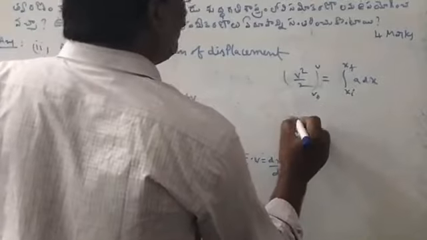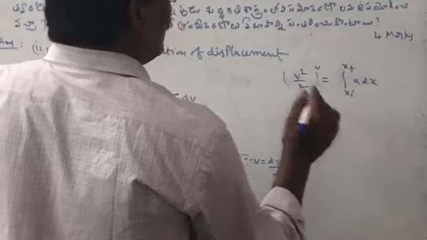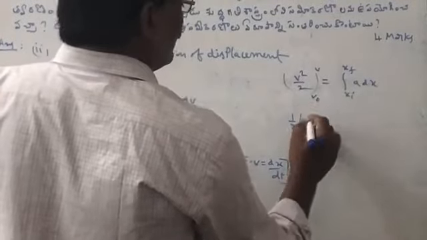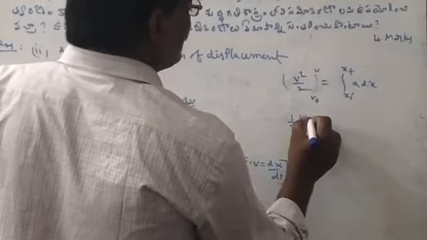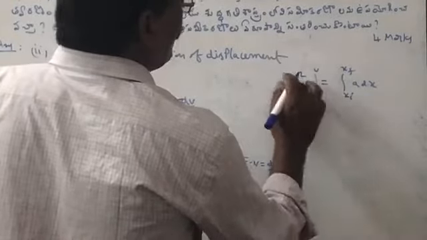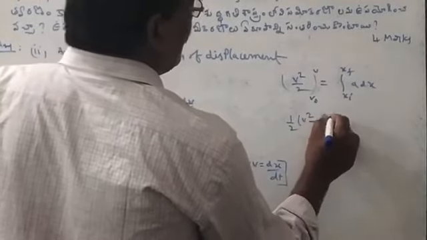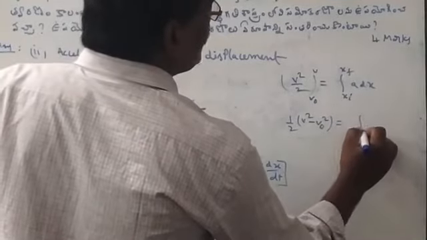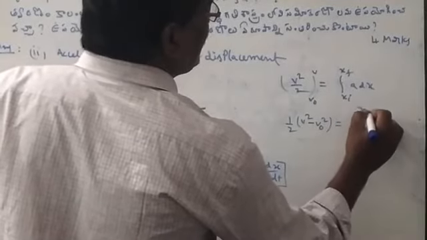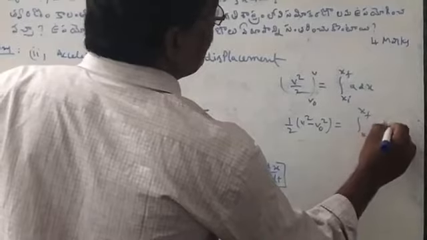Applying upper limit v square minus lower limit v naught square, 1 by 2 common, is equal to integral xi to xf a dx.